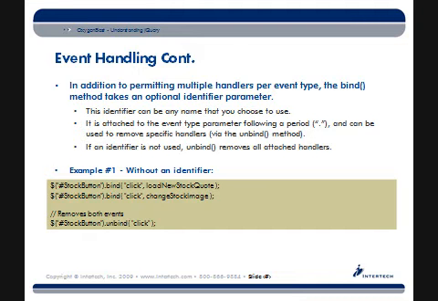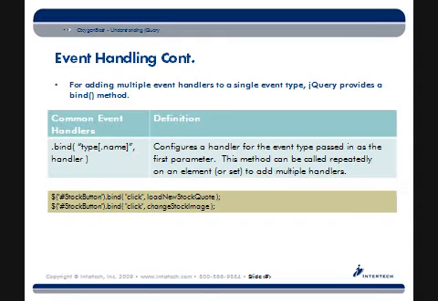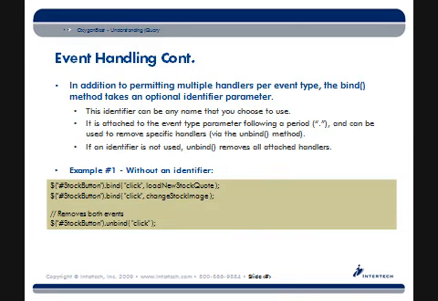So let's look at the example if we don't use this .name parameter. If I go back here, you'll notice I've got an optional syntax where I say I can call bind, I can say the name of the type, but I can also add .name. So what's the purpose of that .name? It's really for managing when you want to add and remove programmatically specific event handlers.